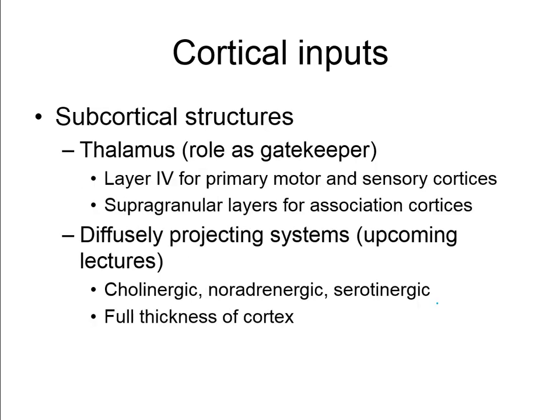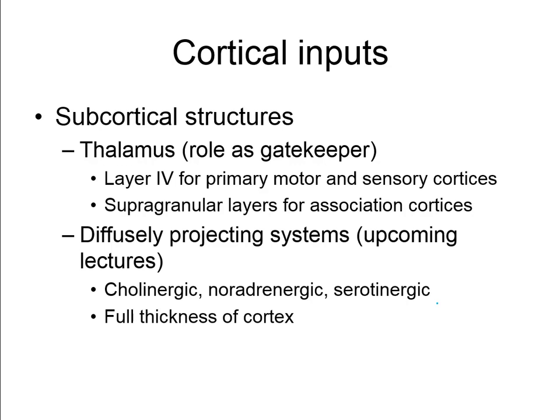Thalamus comes into layer 4, okay? Particularly for the relay nuclei, okay? For primary motor and primary sensory, that's where the input is, okay? We have diffuse projecting systems that we will get to at the very end, cholinergic, noradrenergic, serotonergic, dopaminergic.